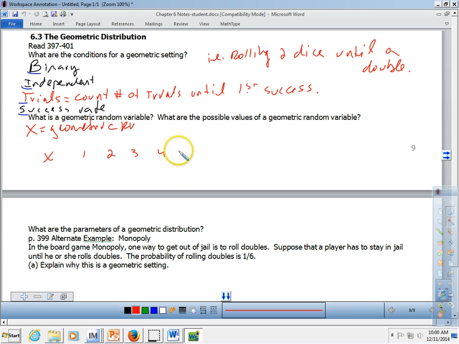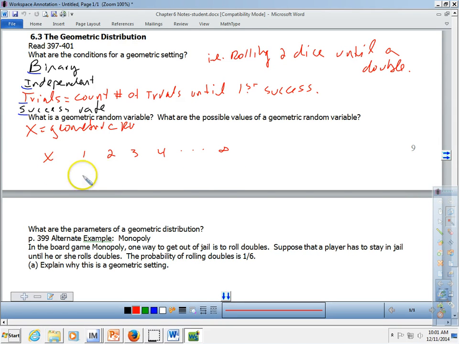The difference is, when is this going to stop? Am I guaranteed to get doubles on the 5th roll, the 6th roll, the 7th roll? When am I guaranteed to get a double? And the answer to that question is we're not. So this could go all the way out to infinity. There's an infinite number of values that X could take in a geometric setting, as we're going to keep performing trials until we get our first success, and we don't know when that's going to happen.